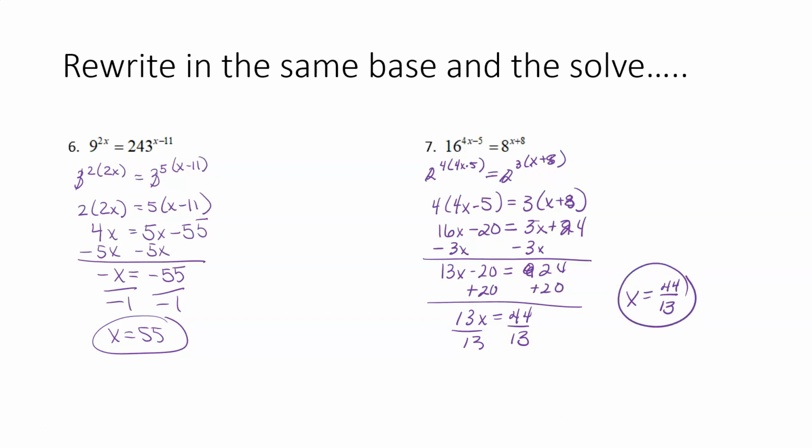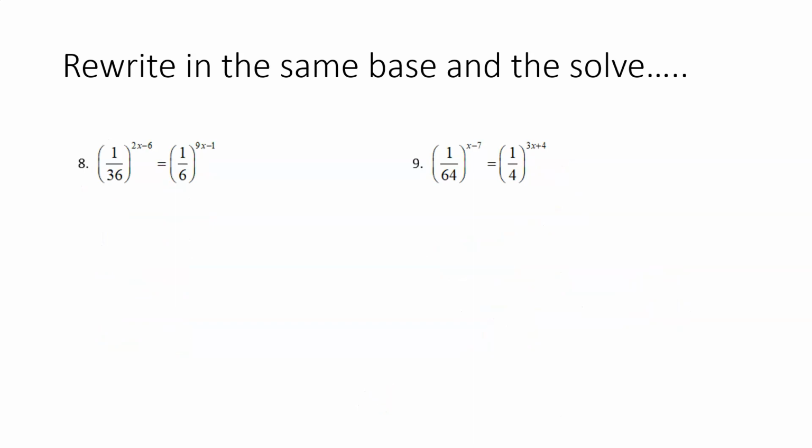Okay. If you remember our rules of exponents, what kind of exponent makes a fraction? Well, that's a negative exponent. So when we make them into the same base, we're making them back to where we started, back to the negative exponent. So we know that 6 squared is 36.